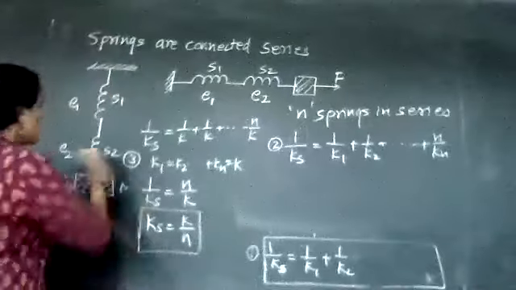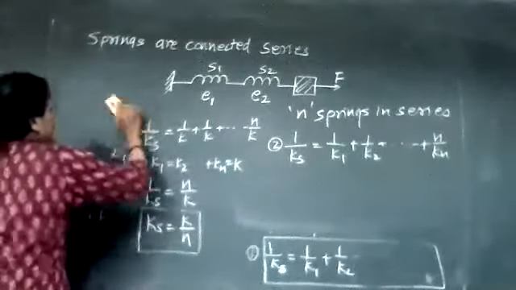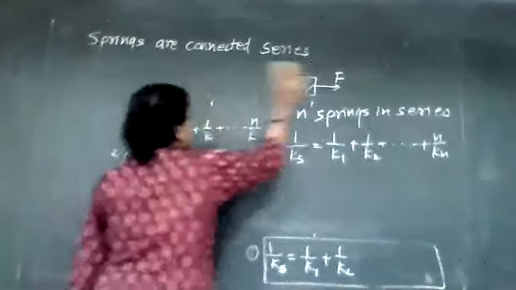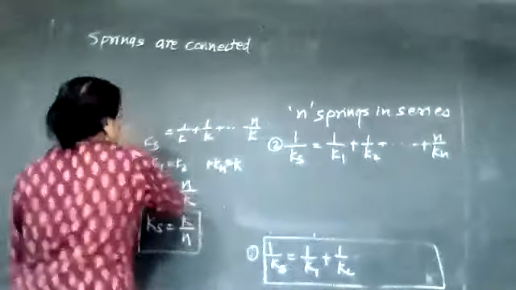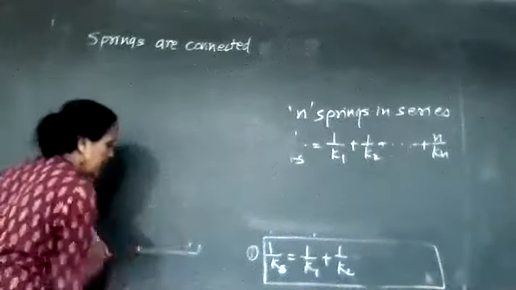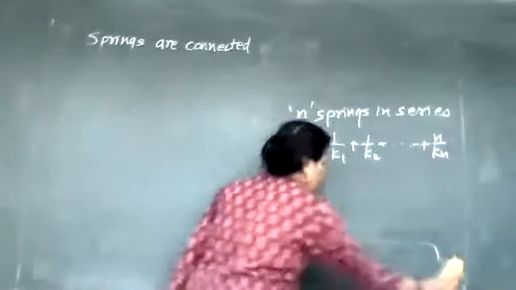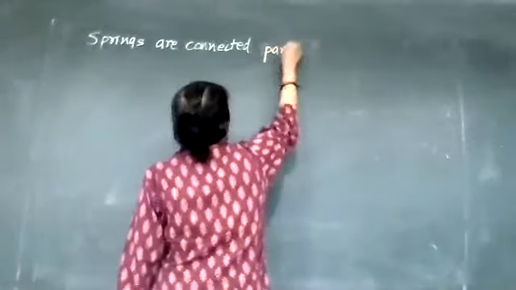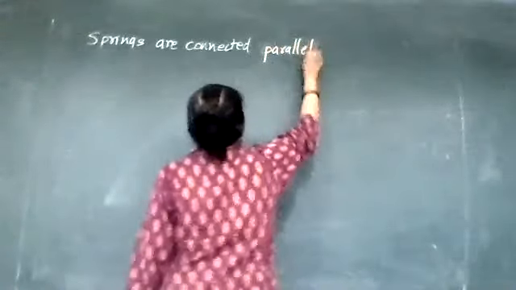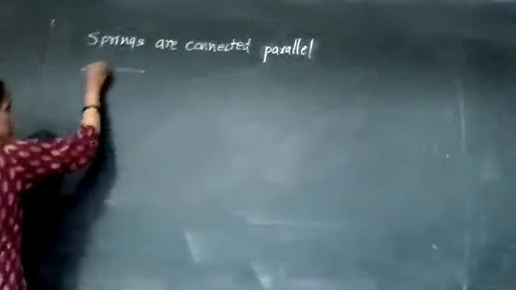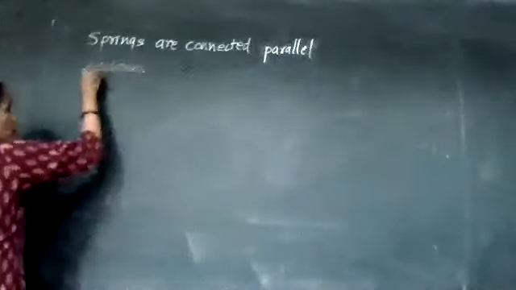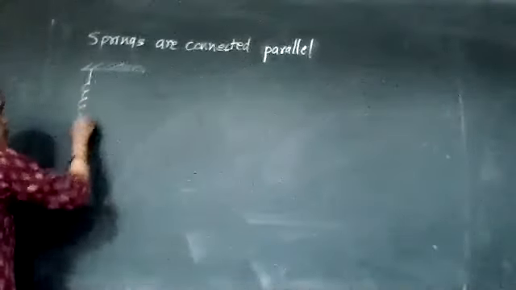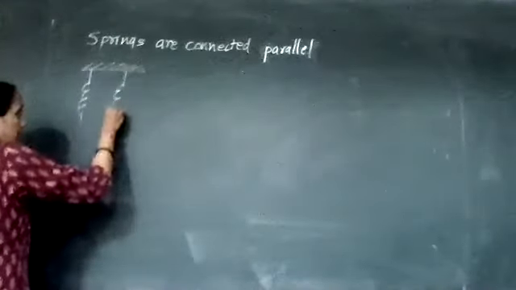Now, springs are connected in series. Instead of that, if I am saying that springs are connected in parallel. Springs connected in parallel means the same rigid support, from the same rigid support two springs are attached.